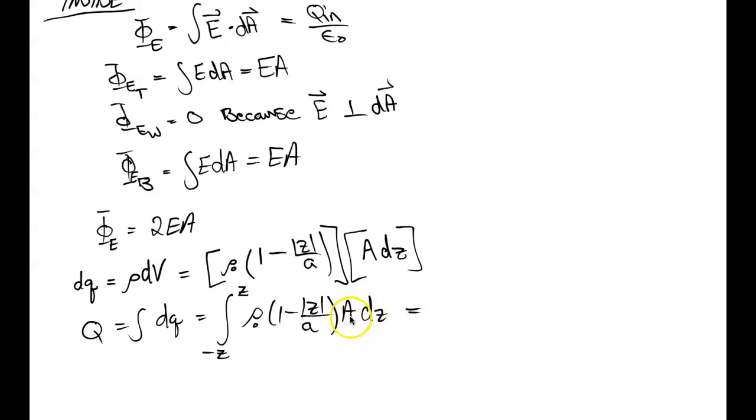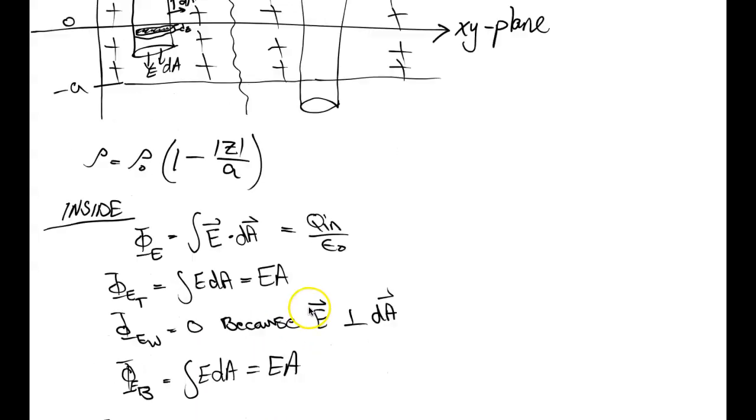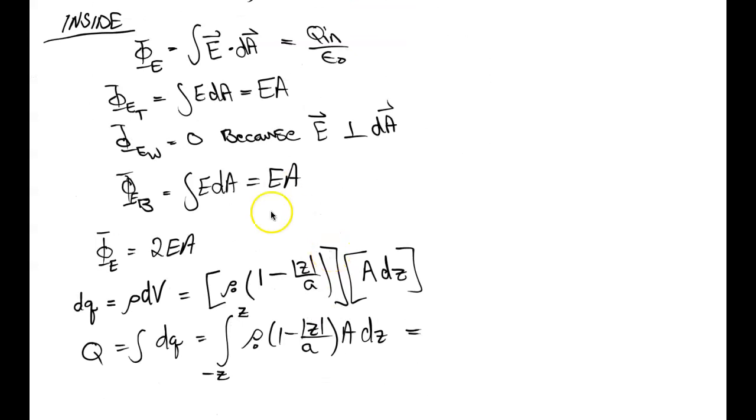Notice that the area is constant, and because rho naught is constant, and because of the symmetry of the problem, we can rewrite this as rho naught A, and if I take a 2 in there, I can go from 0 to z instead of minus z to z, and because z is positive in this range, all I have left is 1 minus z over a dz.